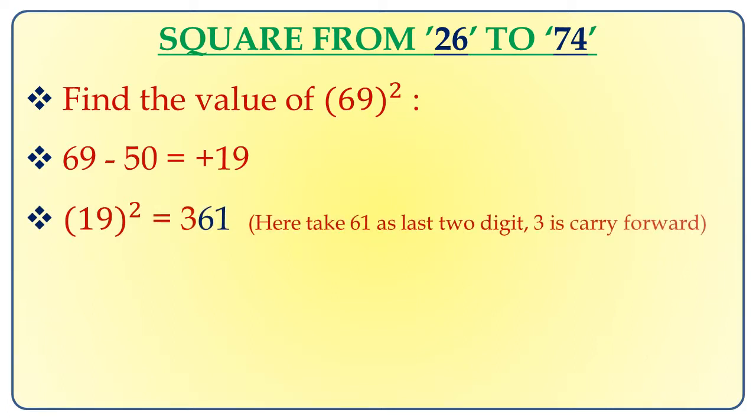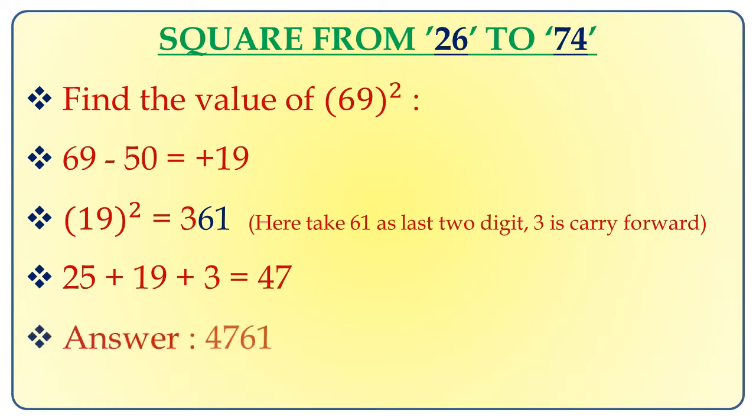So we take 61 as the last 2 digits of the answer, and 3 is carried forward. Now 25 plus 19 plus 3. What is 3? 3 is the carry forward value, and the sum becomes 47. So what is the answer of 69 square? It is 4761. You see, it is quite simple.